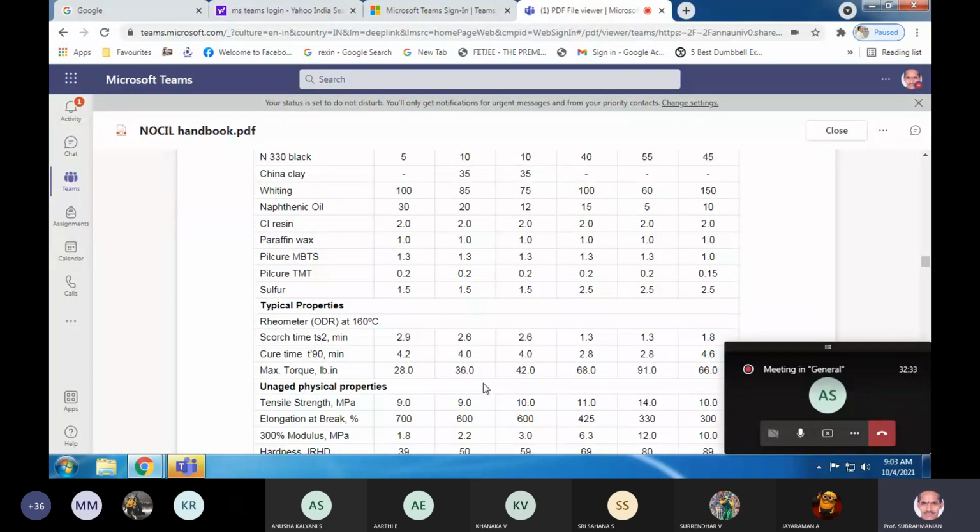You can visualize how important the dispersion should be. Okay, so dispersion, and this TMTD, right? Active content, and also the dosage.